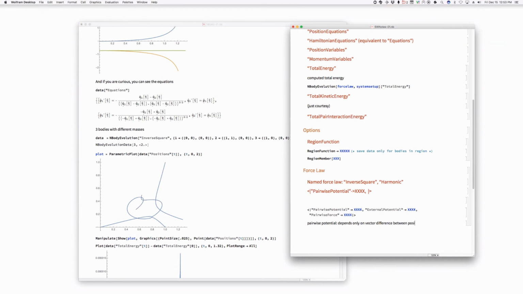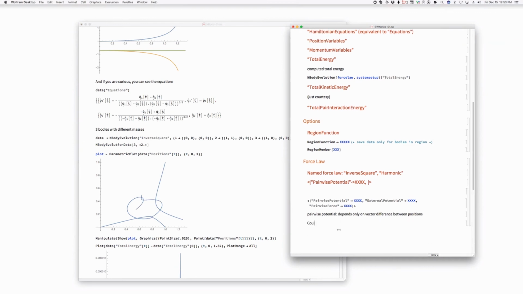It's not obvious that that's the right thing in general. In general, you might want something where the pairwise potential depends on the absolute positions of the particles. There's nothing about our setup that really requires otherwise.